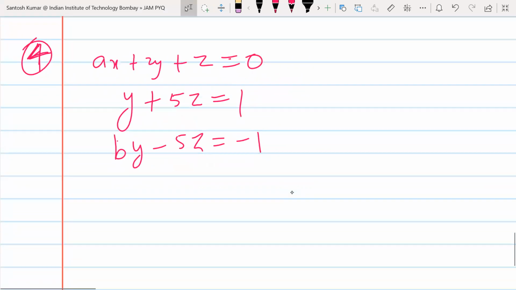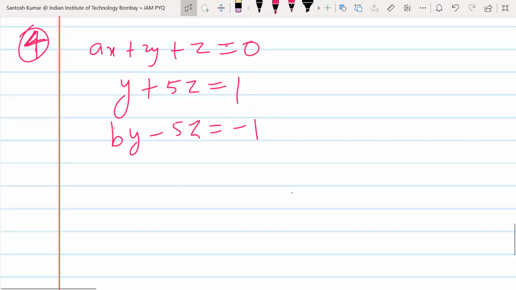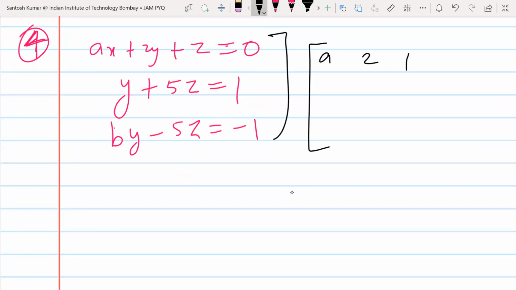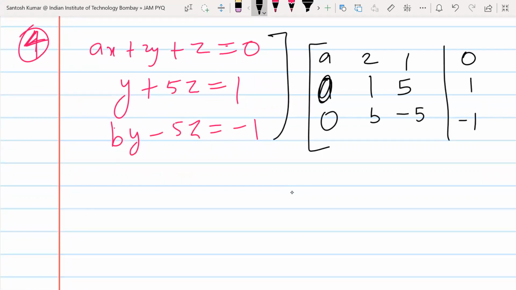So if I make the augmented matrix: a 2 1, x has coefficient 0, y has 1, z has 5, x has 0, y has b, and z has -5, and the right side 0 1 -1. This is the augmented matrix.